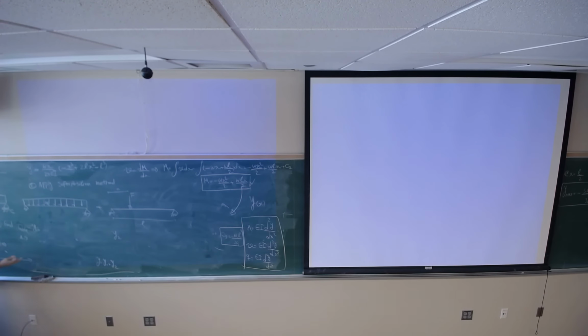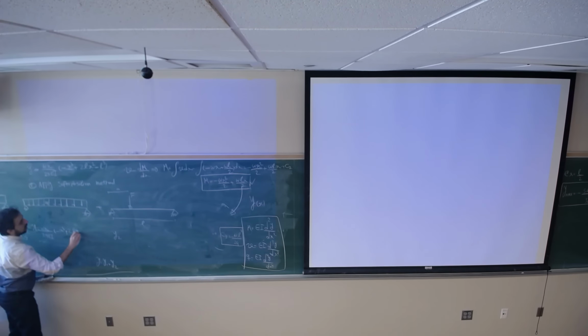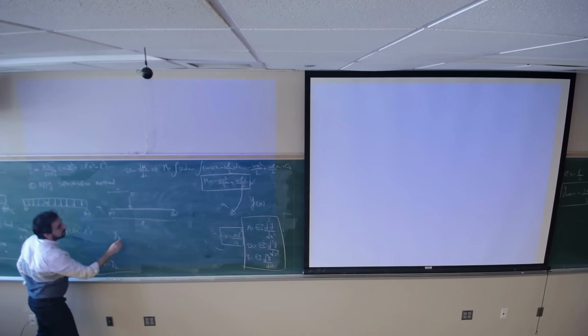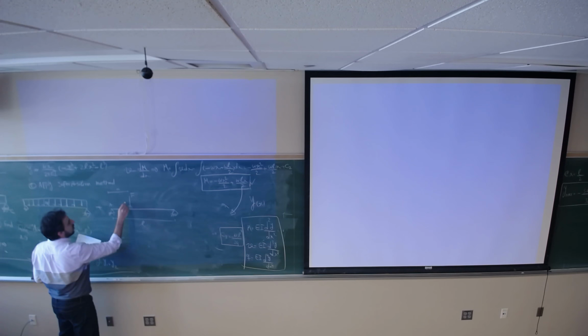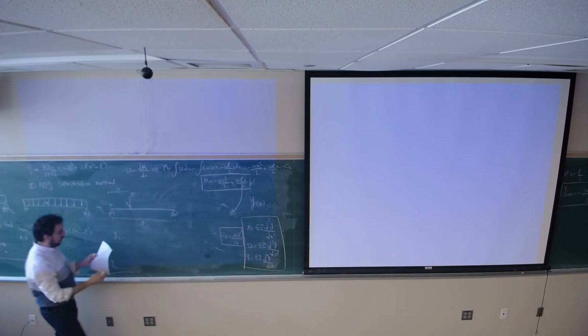The idea is simple. What you need to do is look at Table A9. For this one, it's going to be Wx squared over 24EI, negative x. For this, I'm looking at Table A9.